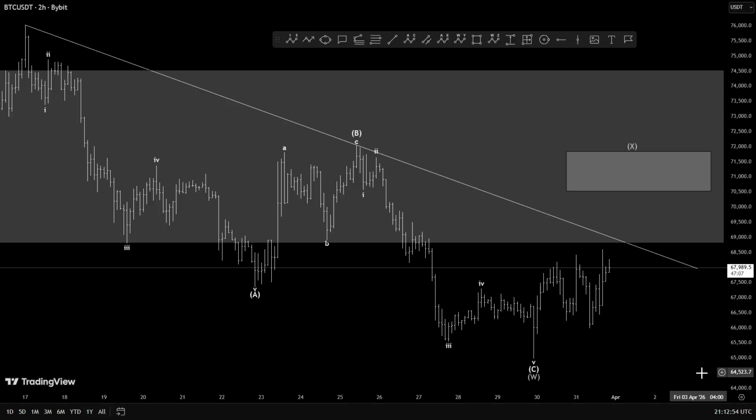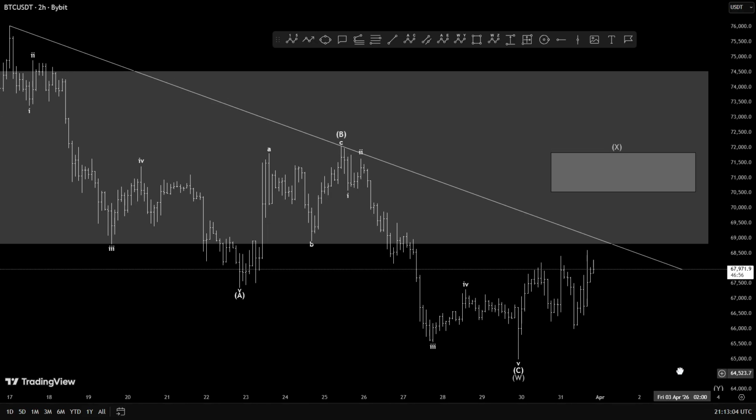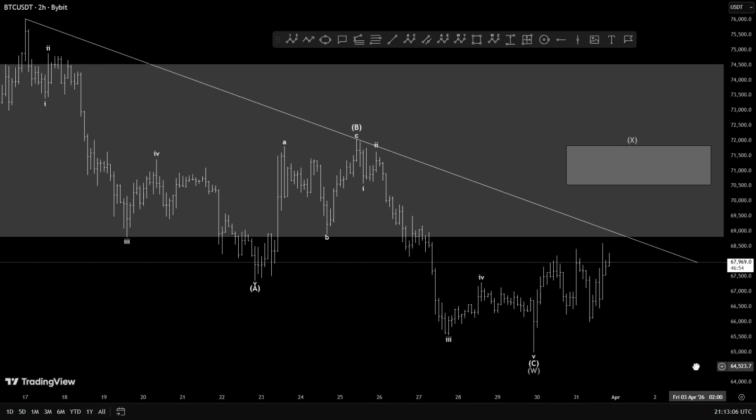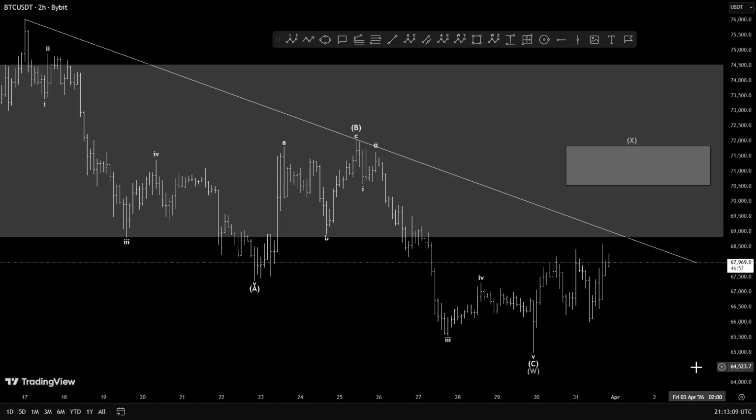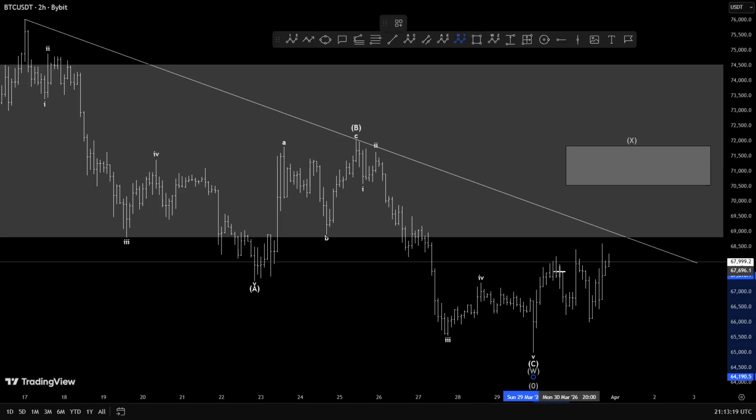So anytime we have any update that we have hit completion of wave X, we are going to update you immediately and go back to wave Y. But for now, let's just leave wave Y as it is and focus on wave X. And what wave X is currently forming right now is what is called a corrective structure. And what we have here is W, X, and we are forming Y.